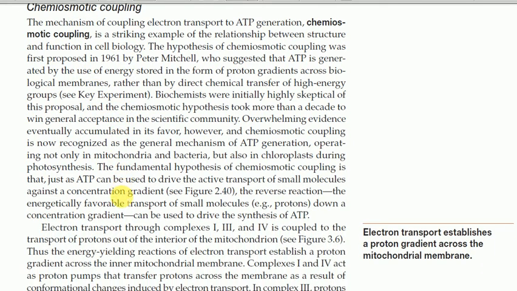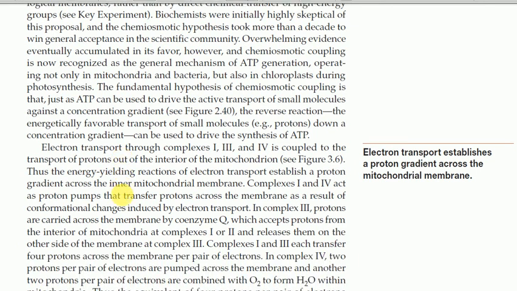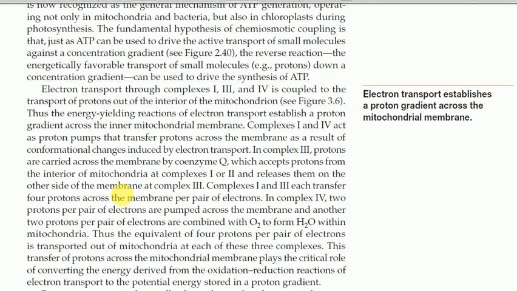Kwa chemiosmotic coupling tumeelezea kule, unaweza kuona tu kwamba electron transport through complex 1, 3 and 4 is coupled to the transport of protons out of the interior of the mitochondria. Thus the energy yielding reactions of the electron transport establish a proton gradient across the inner mitochondrial membrane.